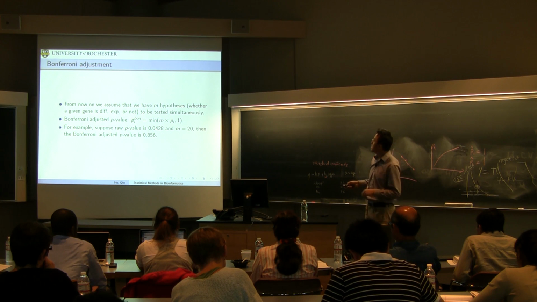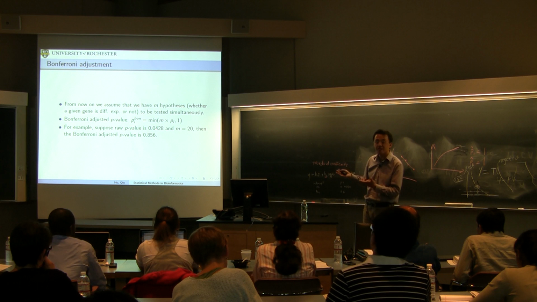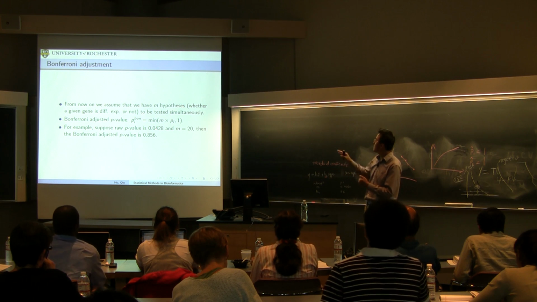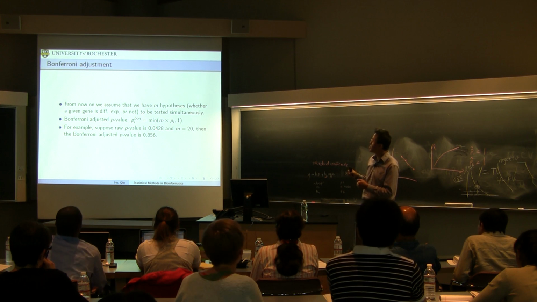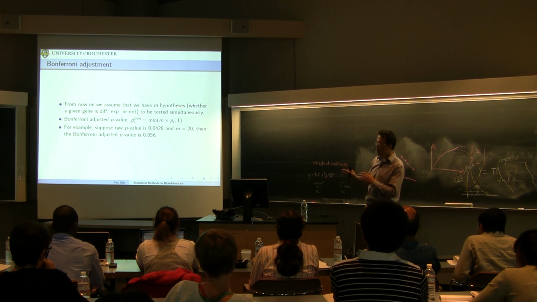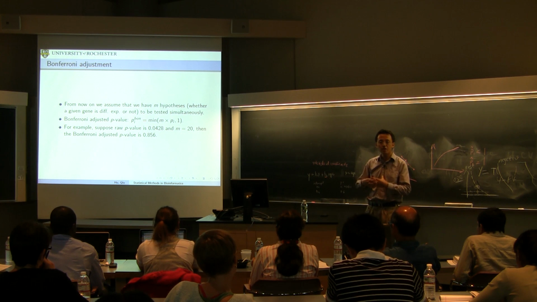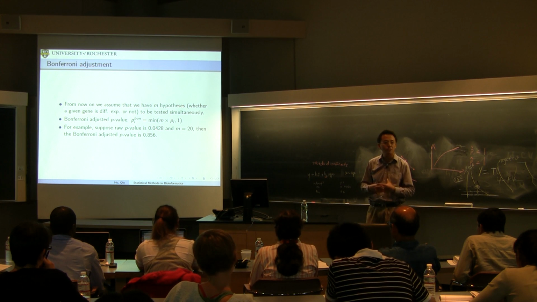The last row is only one example of how to calculate. If you have the raw p-value 0.04, it's significant before you do the adjustment. But after you multiply by 20, it's 0.8, it's not significant anymore. So the purpose of this procedure is they focus very hard on the low end, the extremely small p-values.